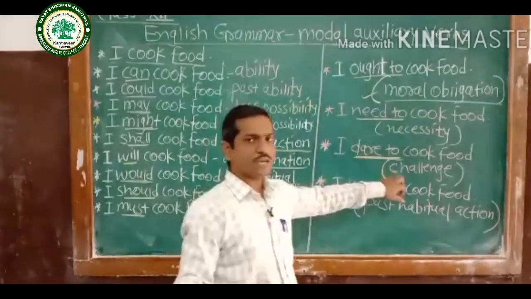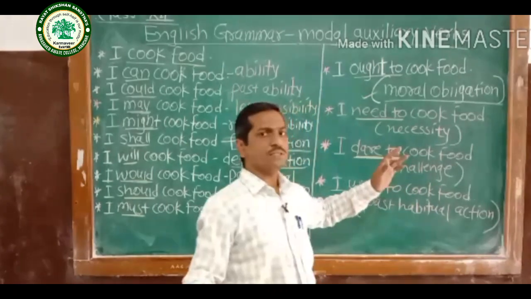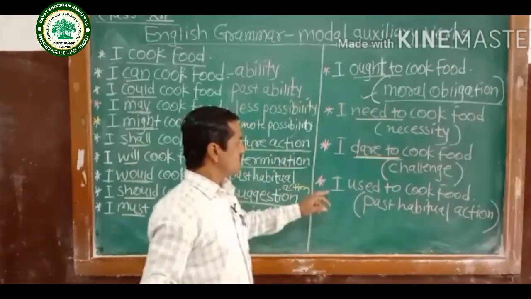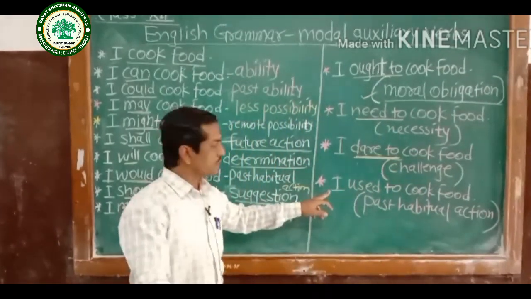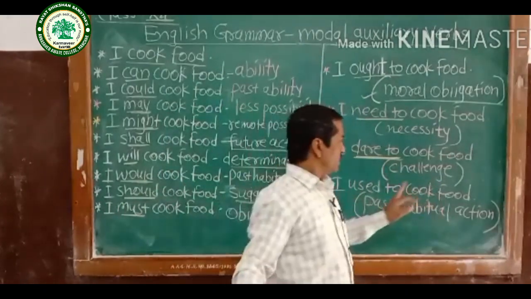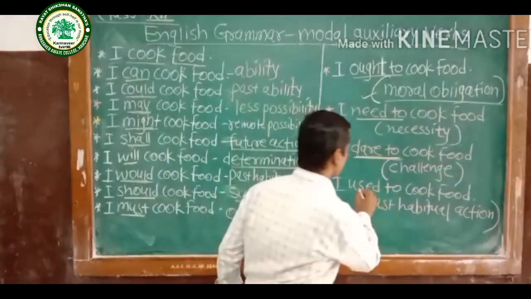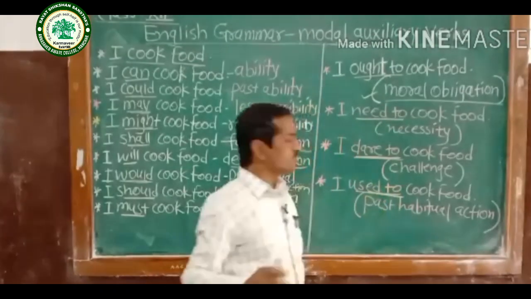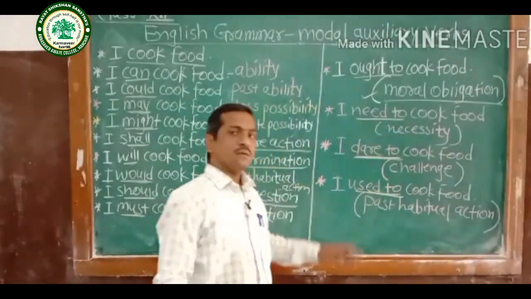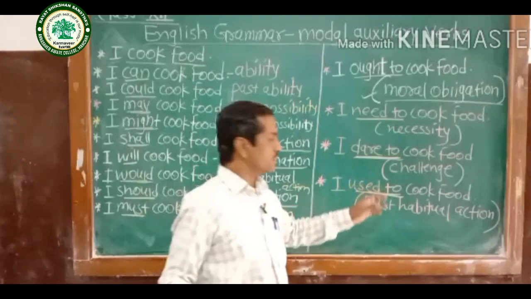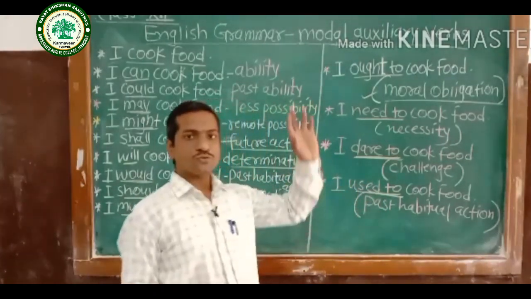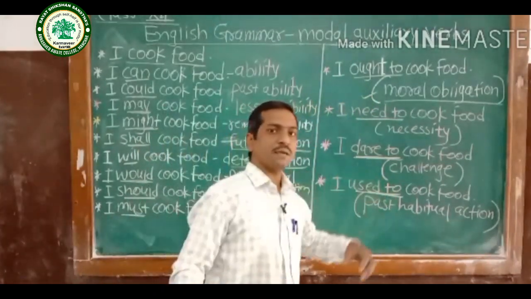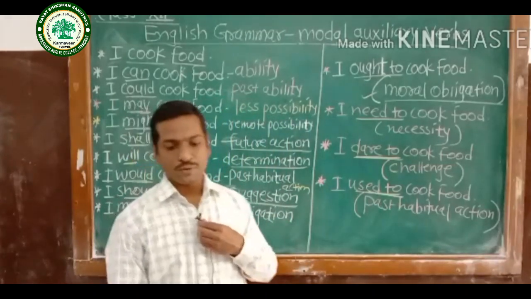It expresses challenge. I took it as a challenge to cook food. Now the last example, I used to cook food. In this sentence, used to expresses past habitual action. In the past time I used to cook food, but now in present time I am not cooking food.